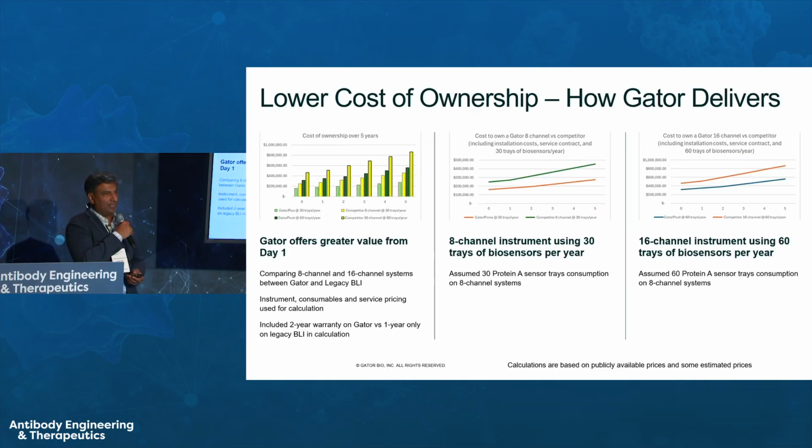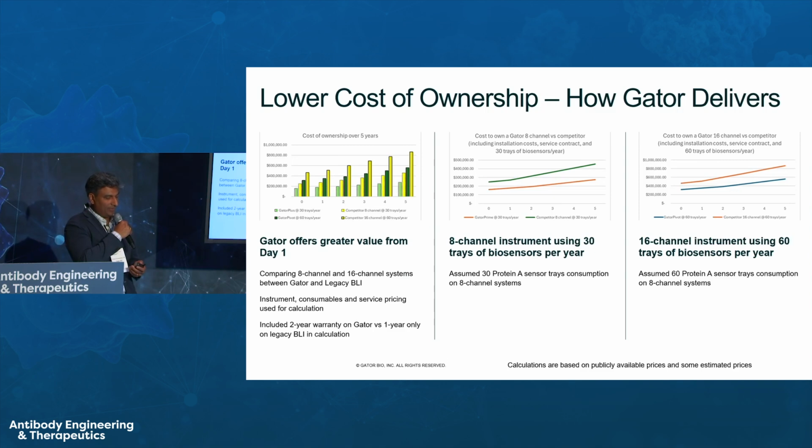Then I want to address something in the background, which is just reducing the cost of ownership. Costs are going up very significantly, especially since COVID, right? And it is not all completely worthy of being transferred to the customer. That's at least our take and our opinion on it.